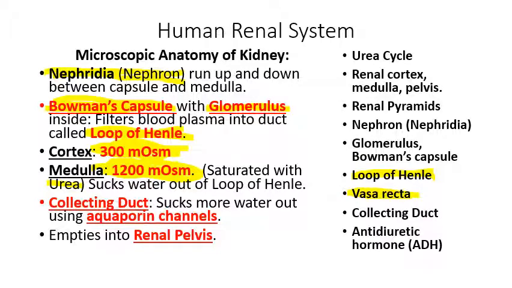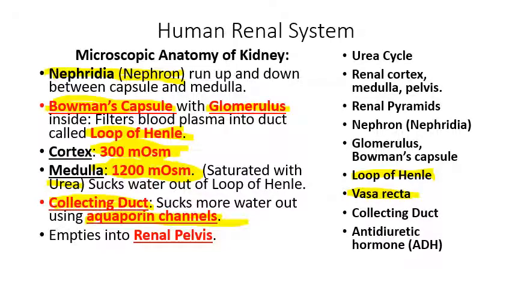Okay, then we have one more chance at this. The filtrate goes down to the bottom of the renal medulla. It sucks out a lot of the water. Then it goes back up again to the renal cortex, and then it travels down once again through another tube that's referred to as the collecting duct, which is able to suck even more of the water out using specialized pores in the collecting duct referred to as aquaporin channels.